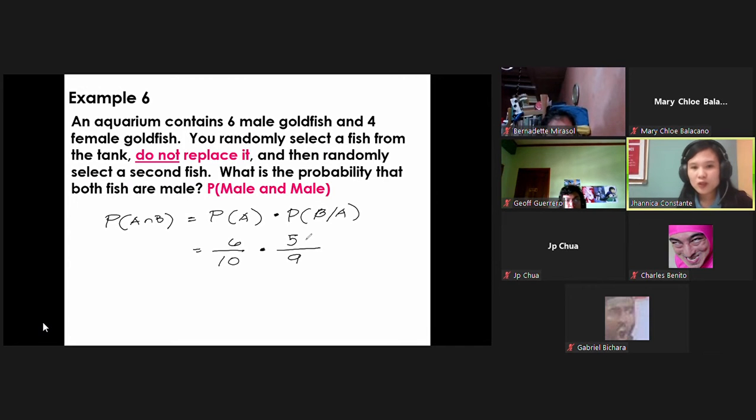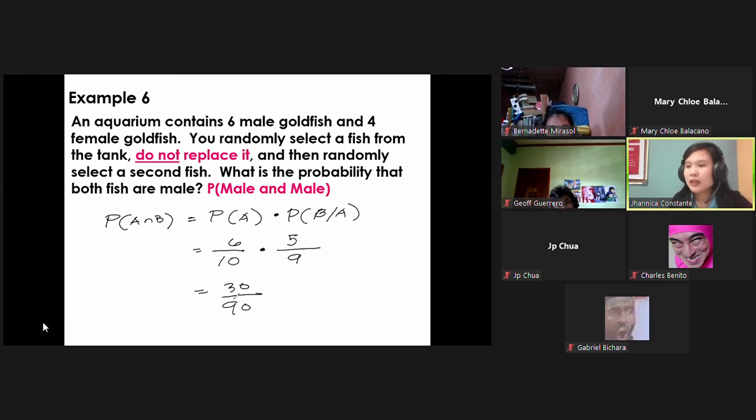We deduct also from the original number of male in the aquarium, since yung unang kinuha natin is male na. So nabawasan na yung male na fish sa aquarium. So we only have 5 over 9. Multiply 6 times 5 is equal to 30. 10 times 9 is equal to 90.